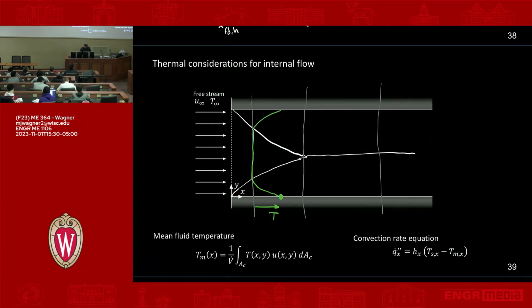And then again, out here, we're at TS, right? So if you're having a hard time visualizing, just kind of flip this 90 degrees, and you'll see like the temperature kind of does this, right? Where the middle part is at T infinity. So, I mean, that makes sense. We're holding the temperature of the wall at TS, and then the middle part hasn't yet been affected.